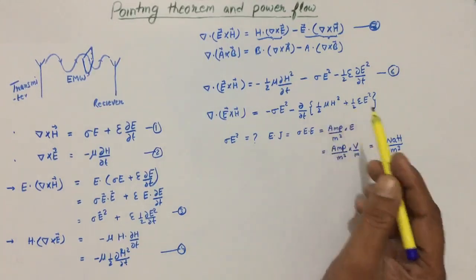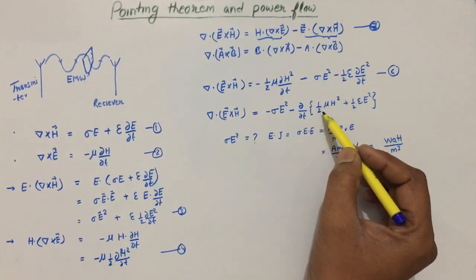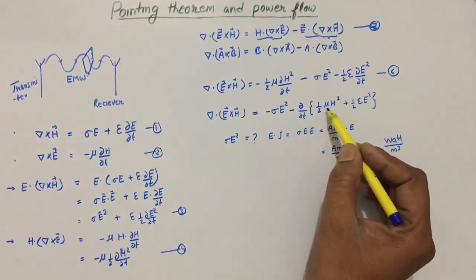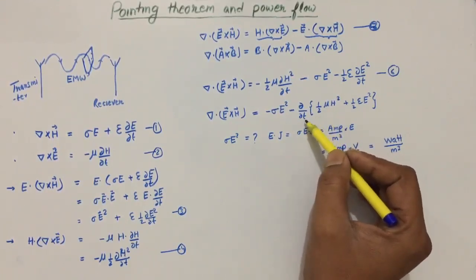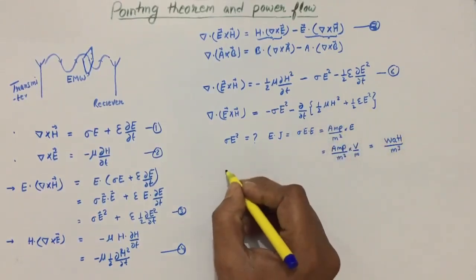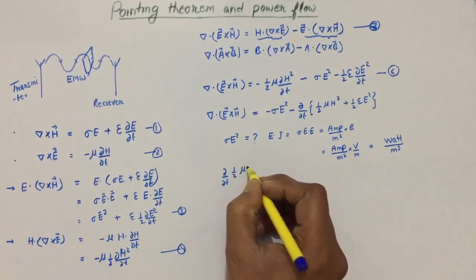Now come to this point. This is energy density in the magnetic field. Now magnetic energy density divided by T, so energy density divided by T. Let us write it here: del over del t of half mu H square.